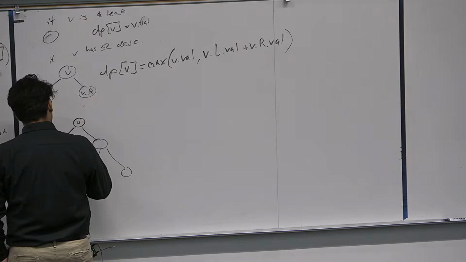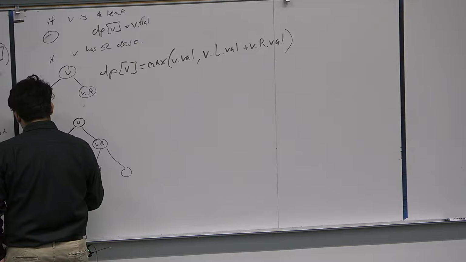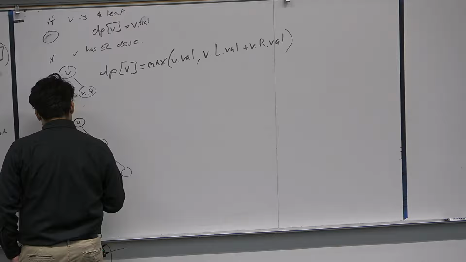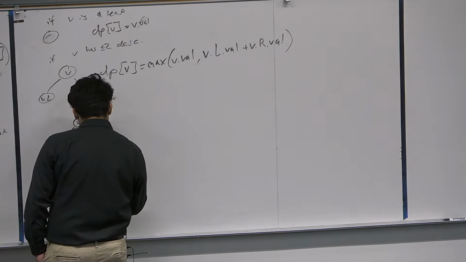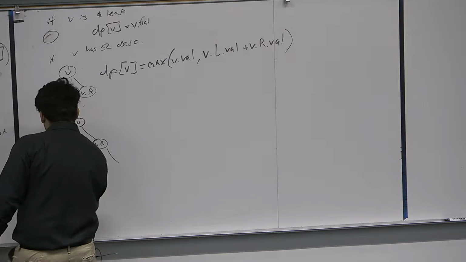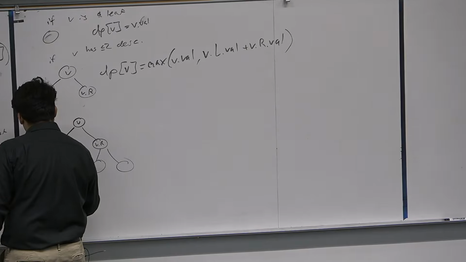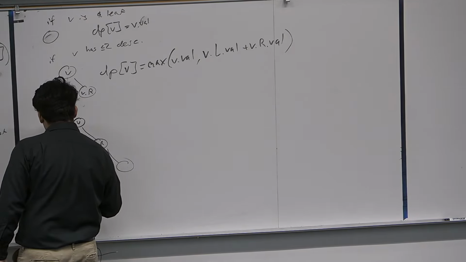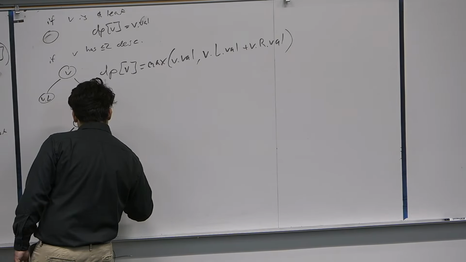Let this be V dot L, let this be V dot R, let this be V.L.L, V.L.R, V.R.L, and I'm going to write this bigger. V.L.L, V.L.R, V.R.L, V.R.R. Okay.